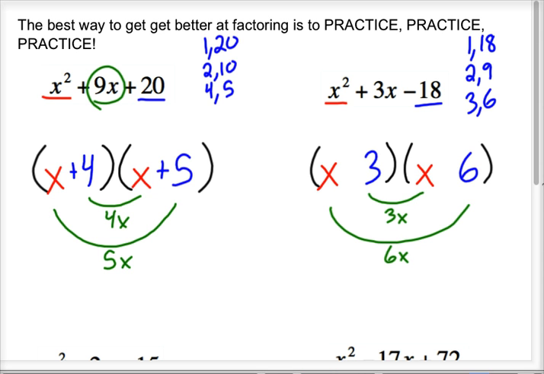If I make this a negative and that a positive, I will get negative 3x, positive 6x, and that'll add to the 3x that I need in the middle. So that's kind of the key to these pluses and minuses, okay? To multiply to a negative, recall the way you do that is one number is positive, one number is negative.